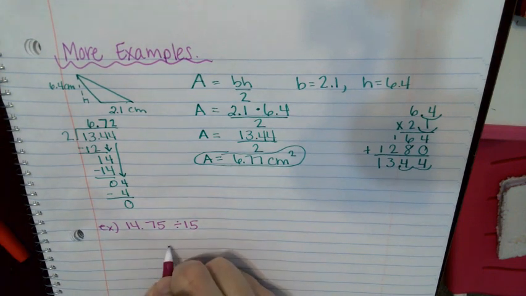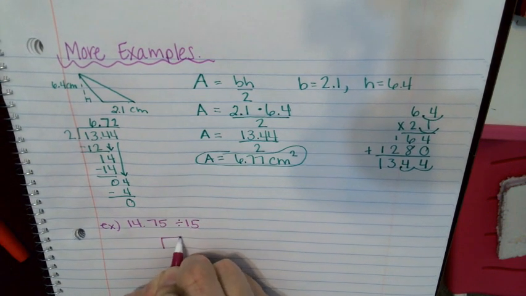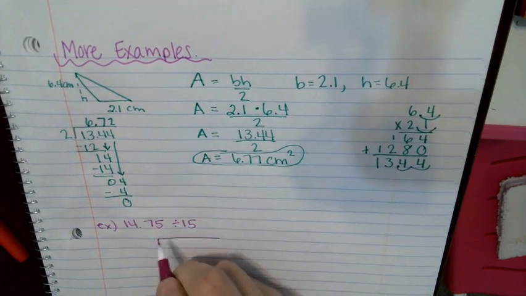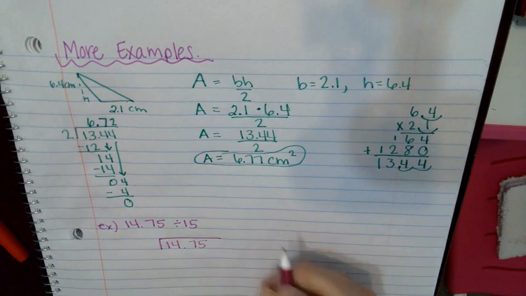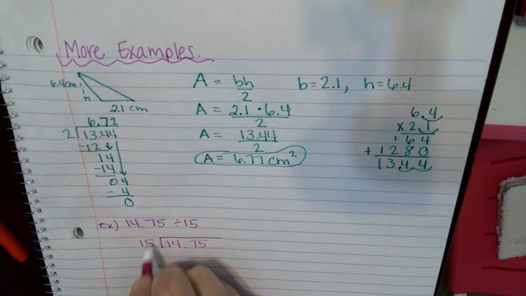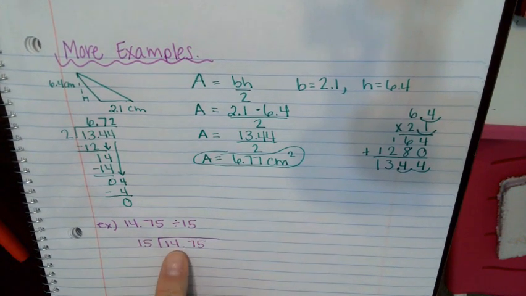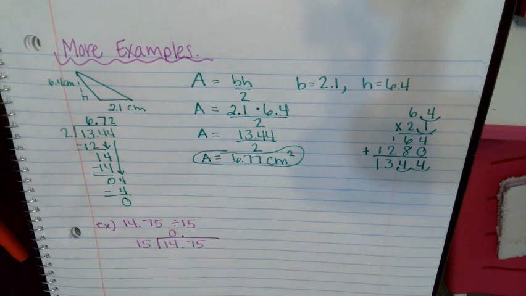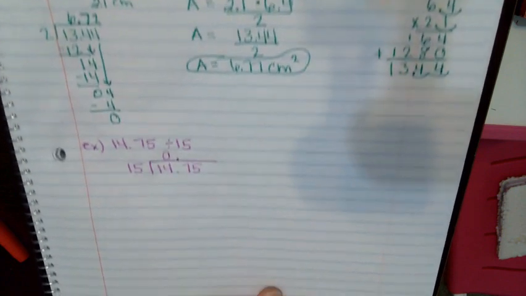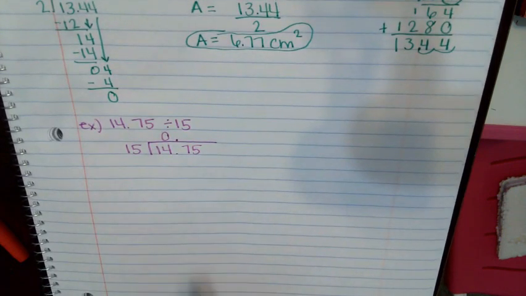So let's go ahead and put our numbers where they belong. Remember, the dividend goes in the box, so 14 75 hundredths divided by 15. Now, 15 does not go into 14, so I sometimes like to put a 0 there because it's in front of the decimal.